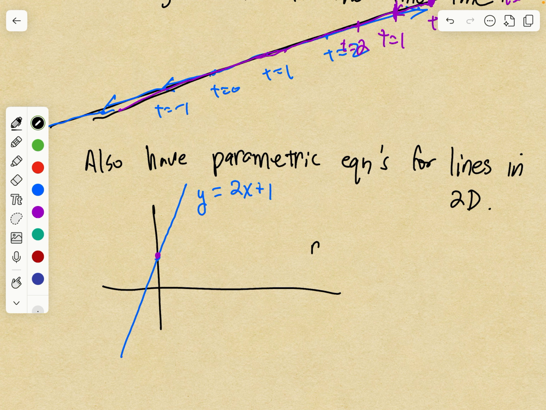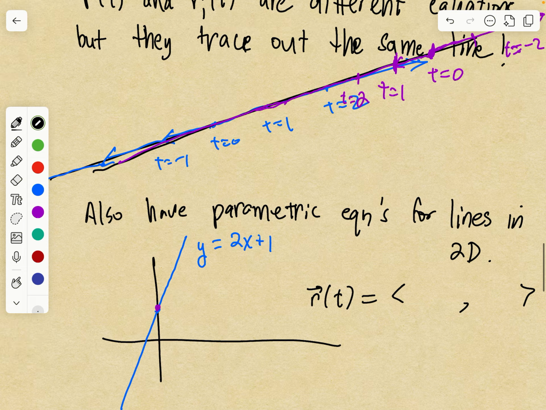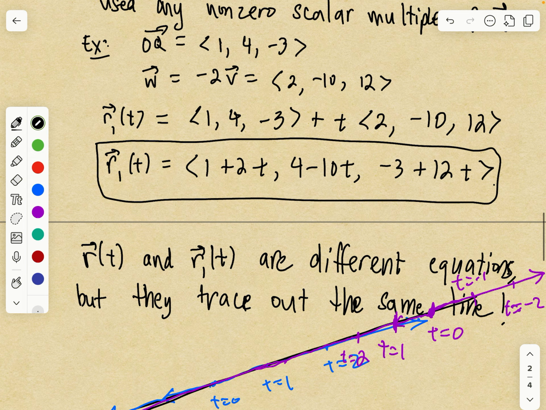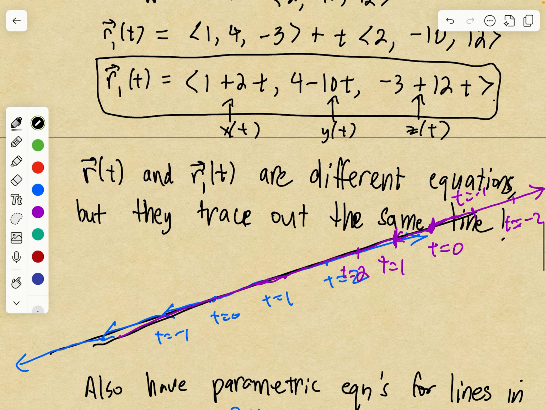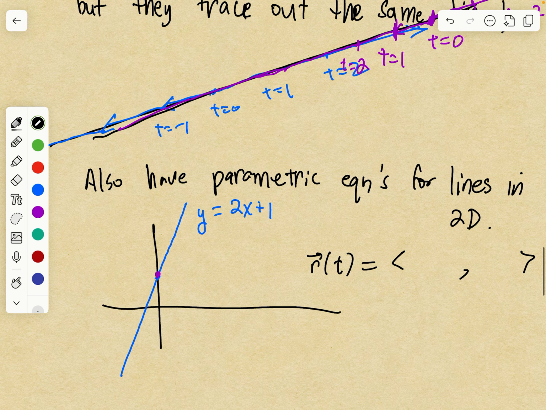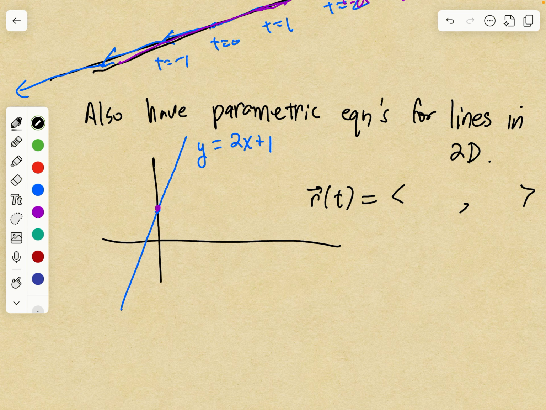So we can make r of t equals, and now your r of t is going to have 2 components, because before, we had 3 components: x of t, y of t, and z of t. It says what the x value is, what the y value is, and what the z value is at time t. Well, in 2D, we only have an x of t and a y of t.